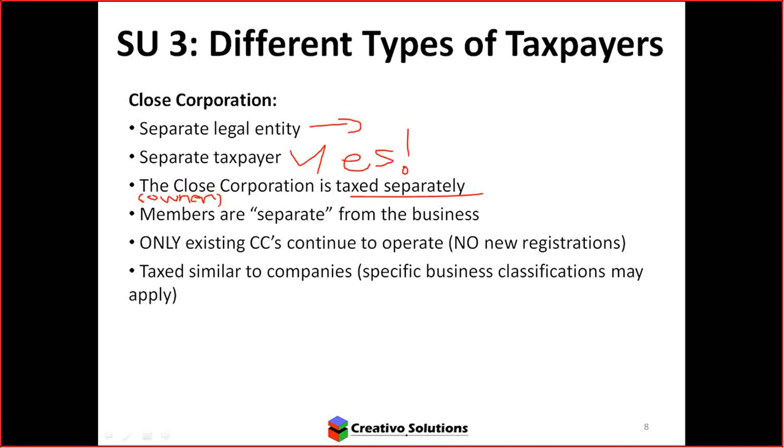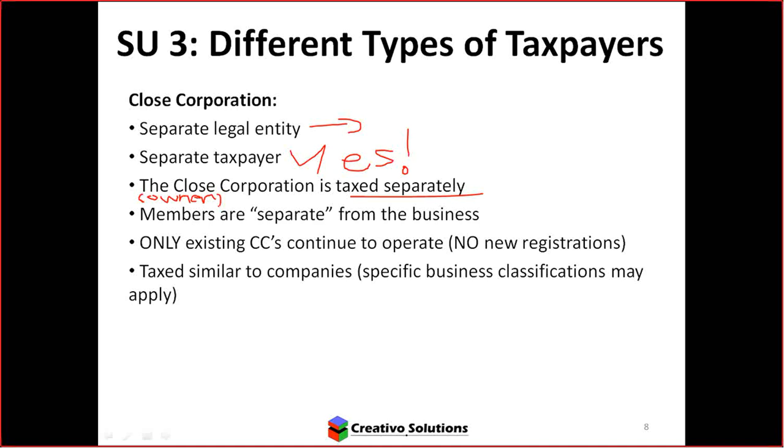So we can't actually register new CCs because in the past, generally CCs as a form of ownership were almost abused, in terms of people trying to take advantage of the system and avoid paying more taxes. So it did create problems in the past.